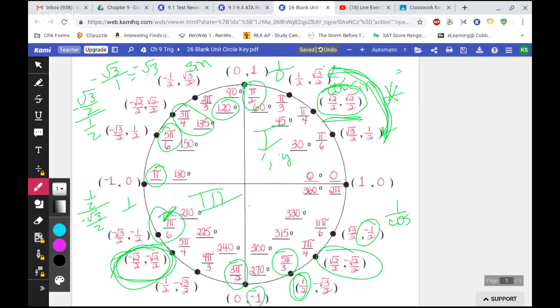That's y over 1. That doesn't work because that's undefined. Cotangent pi is y over 1, -1. It's 0. And then cotangent 7 pi over 4. That's all the way down here. And that one works.